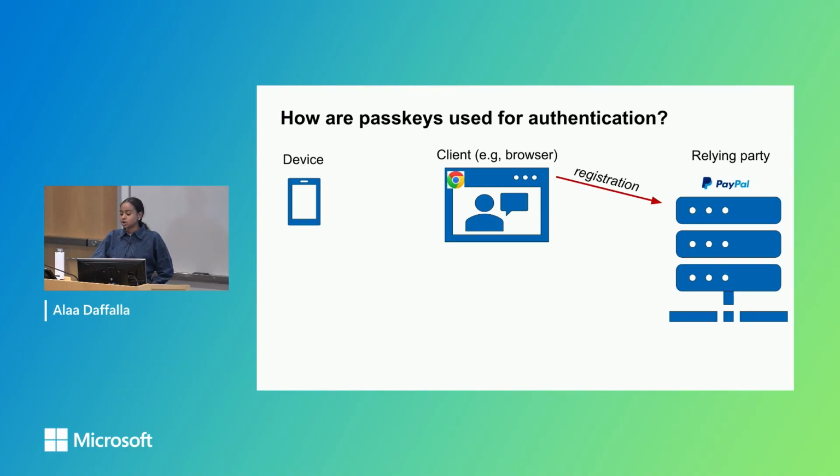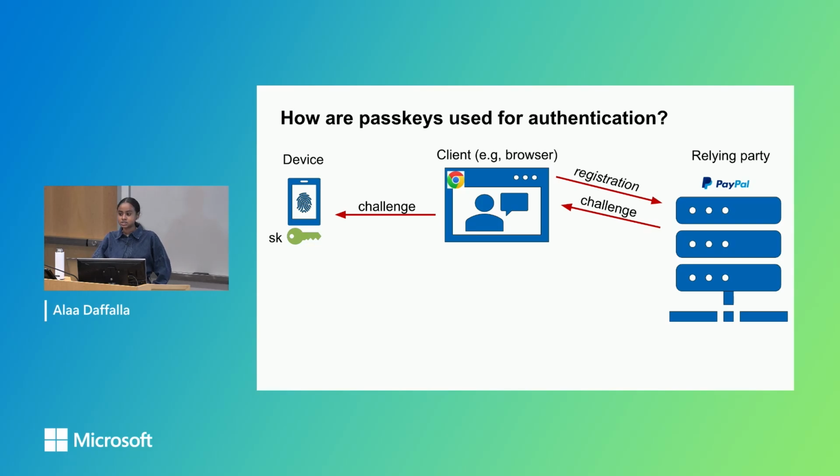Once a registration request is sent by the client, a challenge is sent back, and the user is then prompted for verification to authorize the credential creation by the authenticator on the device. An example of user verification could be a fingerprint or Face ID. Then a unique private and public key pair is created.